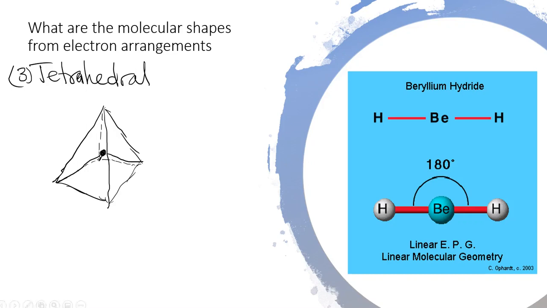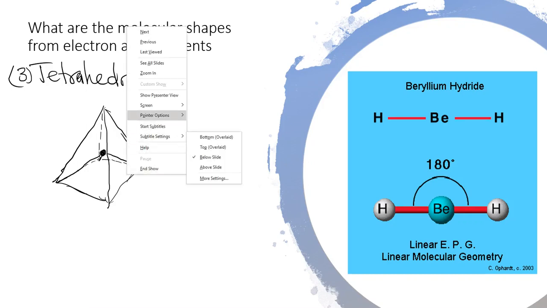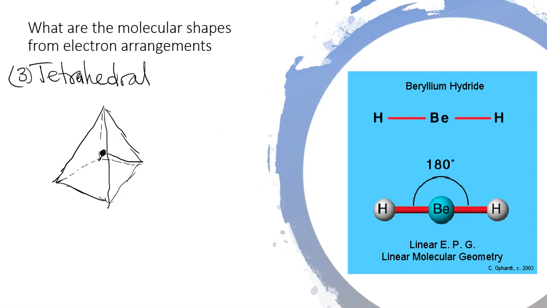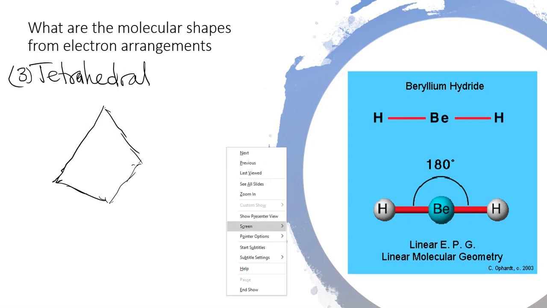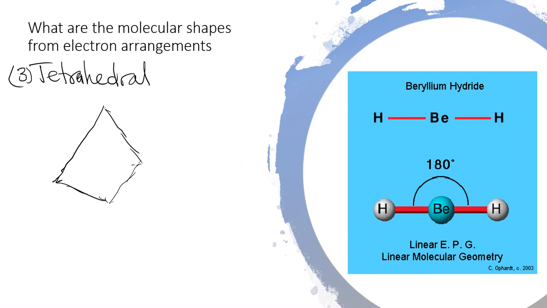Let me just make some corrections here. So this tetrahedron is kind of a three-sided pyramid, not four-sided pyramid.